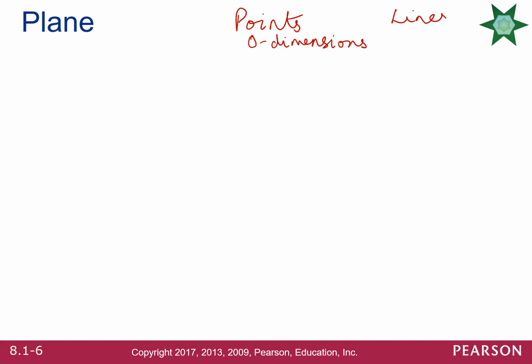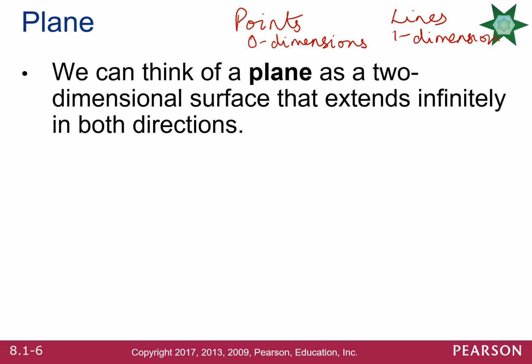Lines, on the other hand, are one-dimensional. It just extends in one direction. Planes, on the other hand, are two-dimensional surfaces that extend infinitely in both directions.